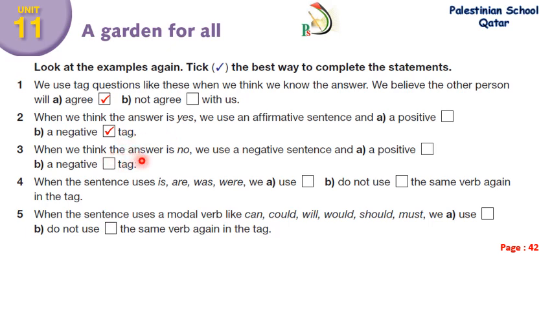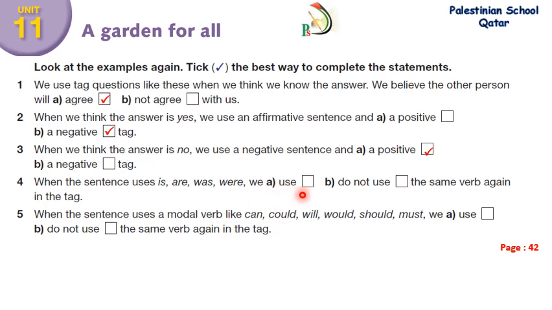Three: When we think the answer is no, we use a negative sentence and a positive or a negative tag. Very good.